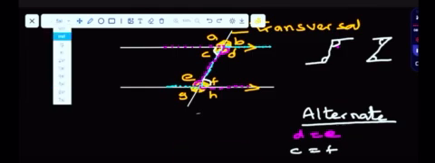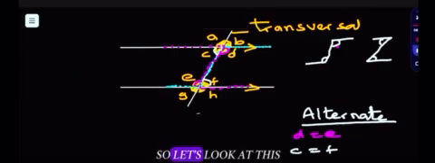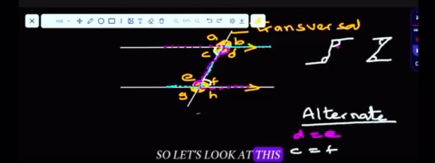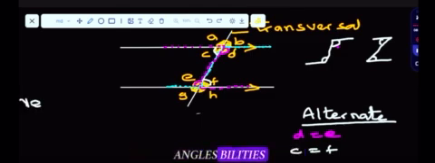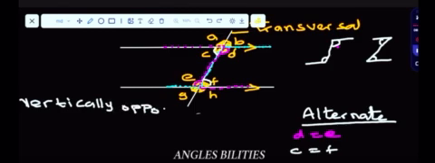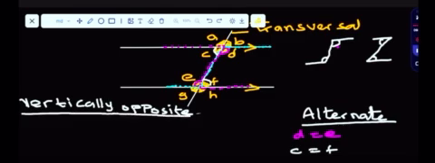They form X. They are also said to be equal.